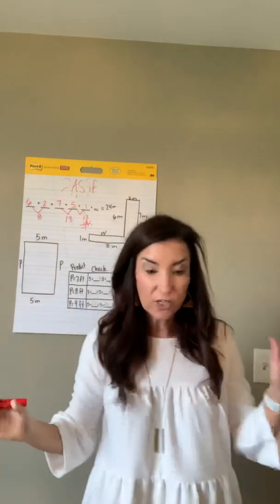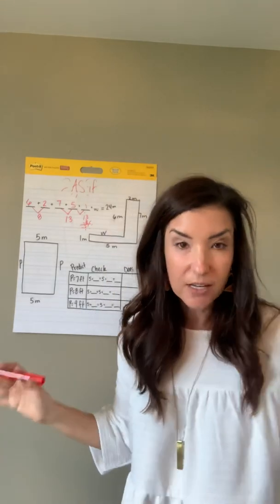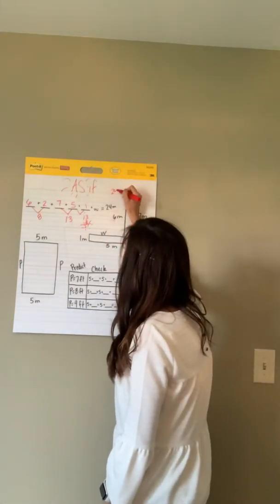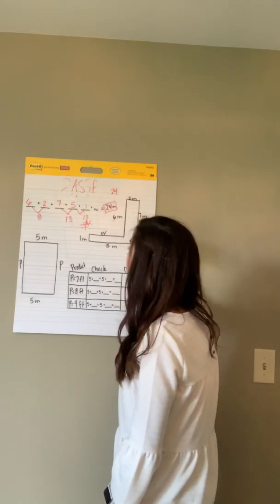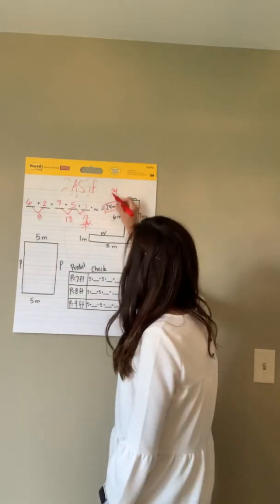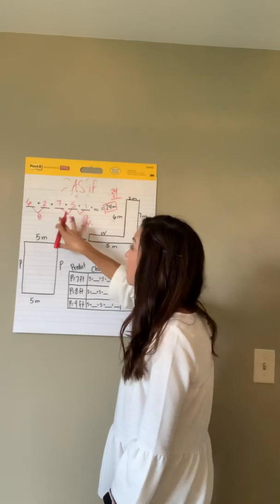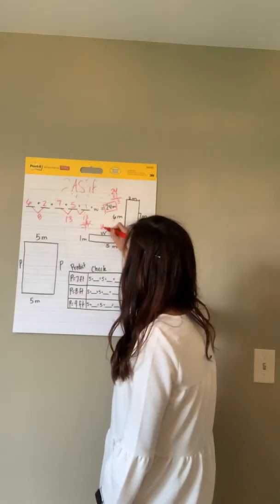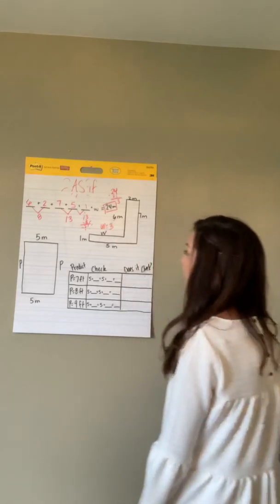Okay, so we've added, now we subtract. We subtract 24, which is the perimeter, minus 21, which is what we added, and we get 3, so we know that W equals 3.